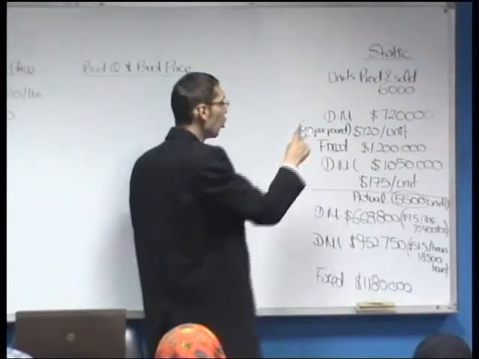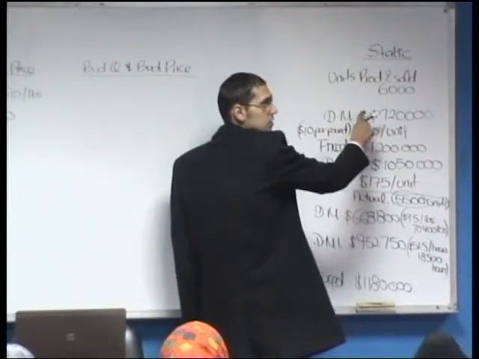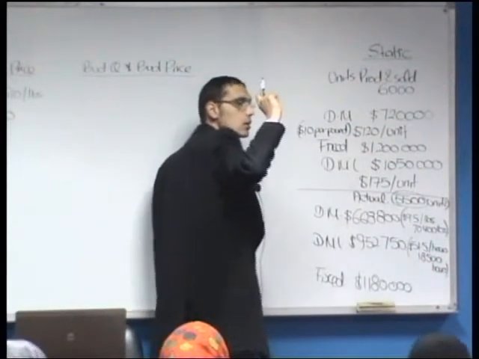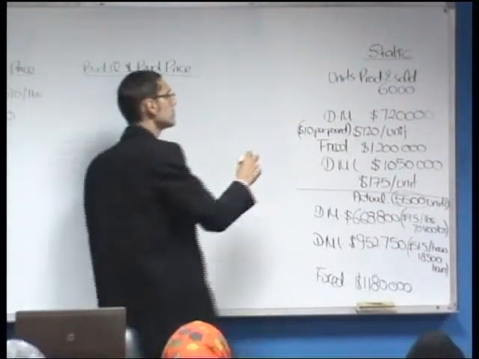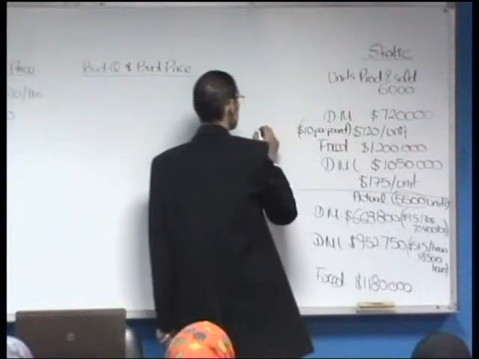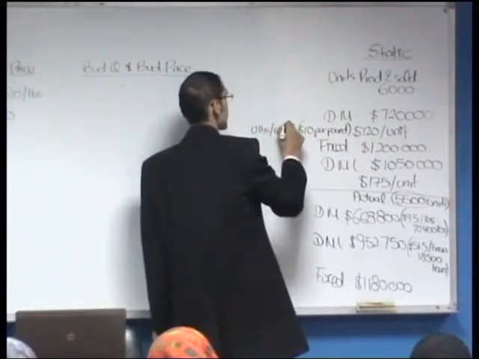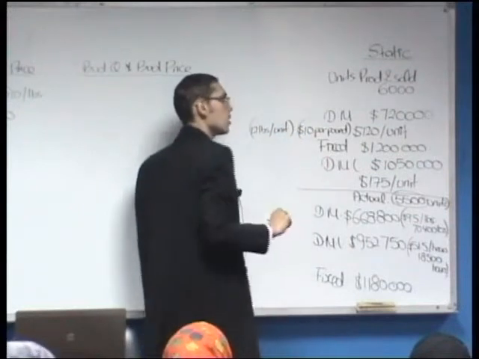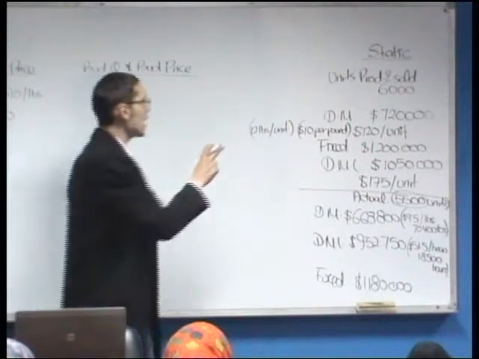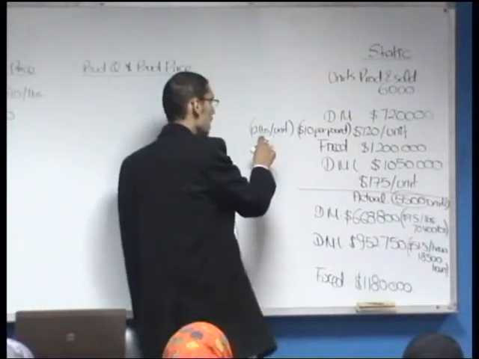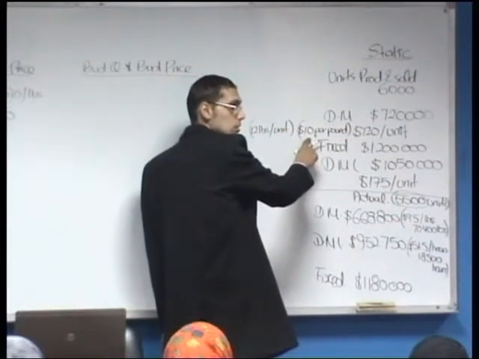But we need to know what is the standard quantity to be used per unit. And it is given: 12 pounds per unit. According to our question, each unit should use up 12 pounds, and of course the cost of the pound is $10.